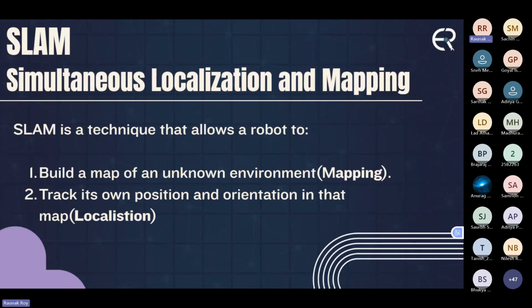These two properties are dependent on each other because the robot must know the coordinates of the map in order to find its location. And in order to find its location, it must know where it is in the map. So SLAM algorithms utilize probabilistic frameworks to solve both of these problems simultaneously.